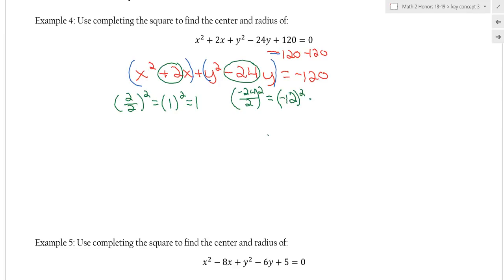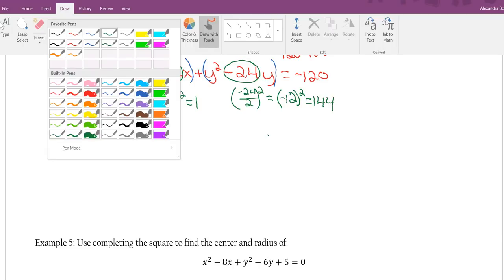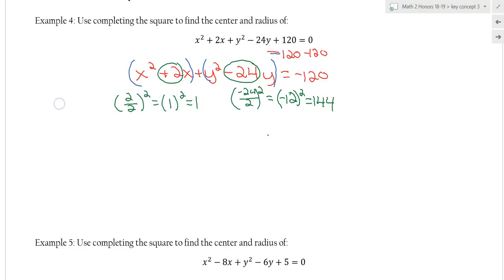And 12 times 12 is 144. So those are the two numbers I want to add into my x's and y's to get a perfect square trinomial.